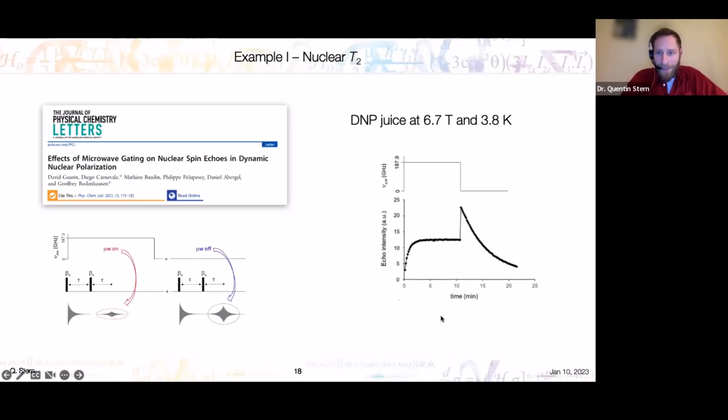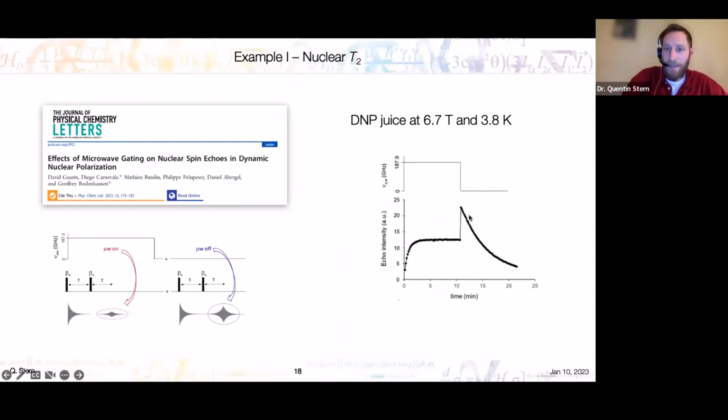And this is an interesting result where they are recording a DNP buildup, as we often do, but in this case, using a solid echo. In the beginning, they see the polarization increasing as expected. And when they switch off the microwave radiation, you would expect naturally that the signal goes down. But in fact, in this case, it goes first up and then down.